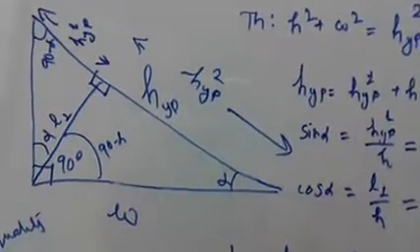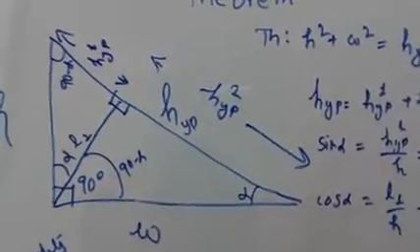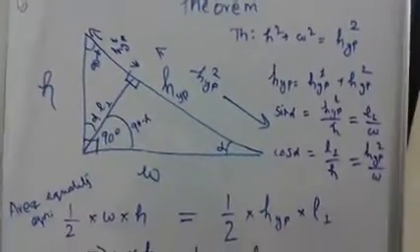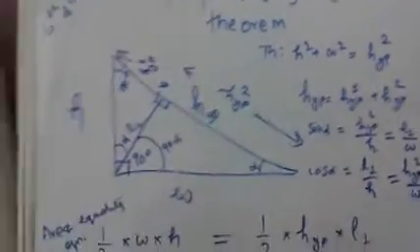So in a two-dimensional plane, you know the distance between 2 points with coordinates x1, y1 and x2, y2 is given by square root of (x2 minus x1) whole square plus (y2 minus y1) whole square. Now that relationship, that distance magnitude, can be inferred from the Pythagoras theorem very easily.